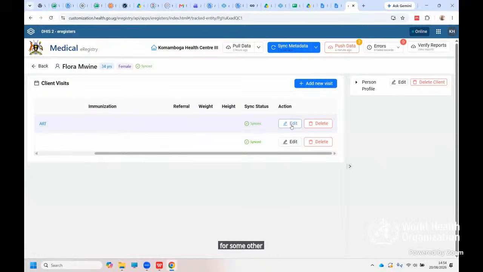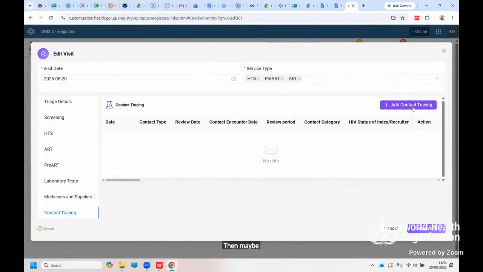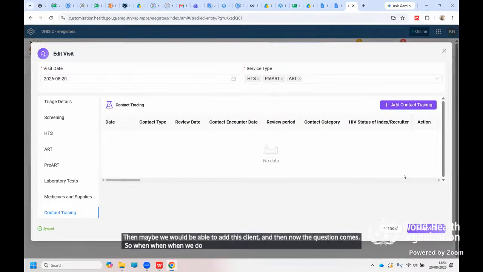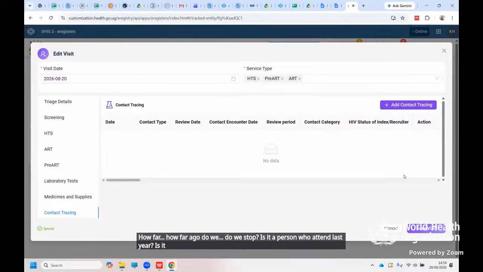So if we start with search, then maybe we would be able to add this client. And then the question comes: when we do search, how far back do we go? Is it a person who attended last year? Is it a person who attended 3 years ago, or this month? That one is not coming out well.